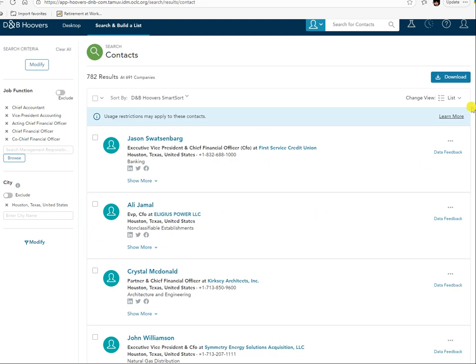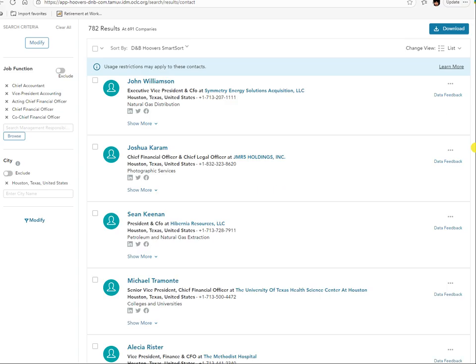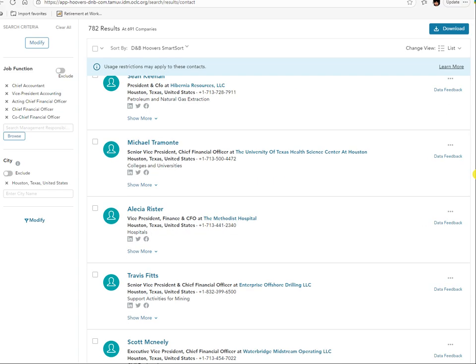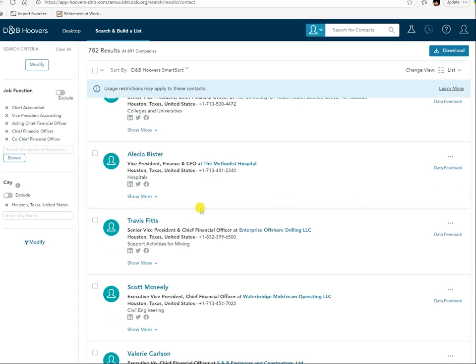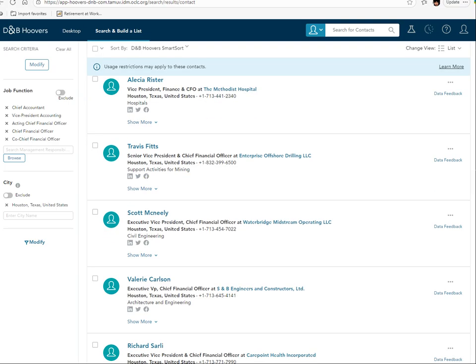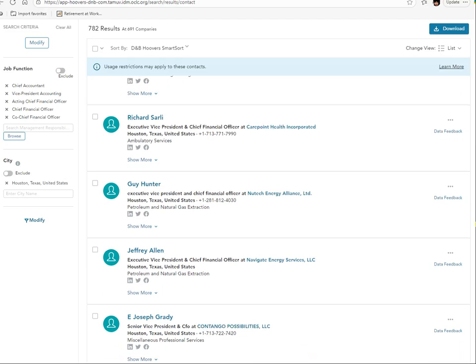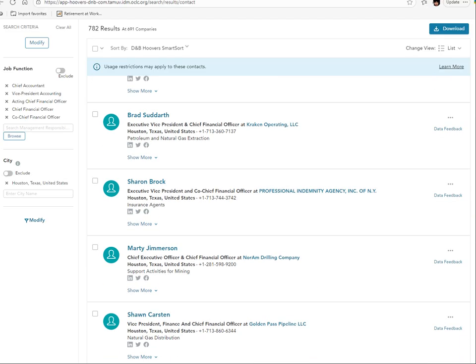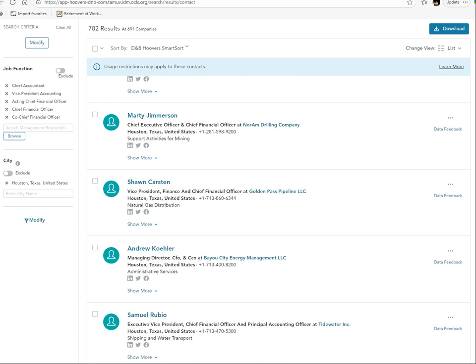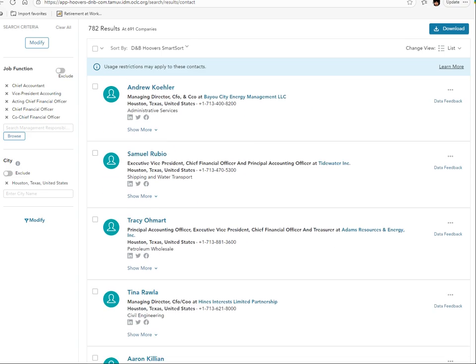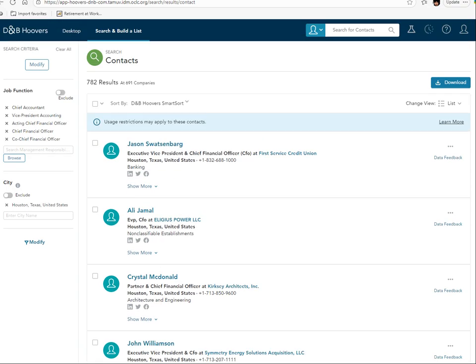You can also refine your results to certain industries. For example, if you want to talk to people at various hospitals, you can limit the search to hospitals, and most likely they are from oil and gas industries, a lot of them.